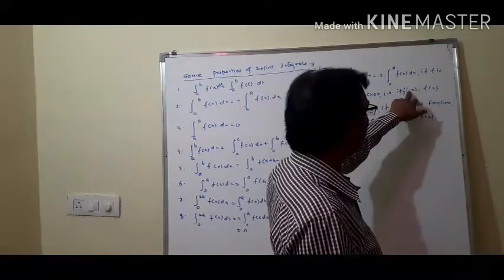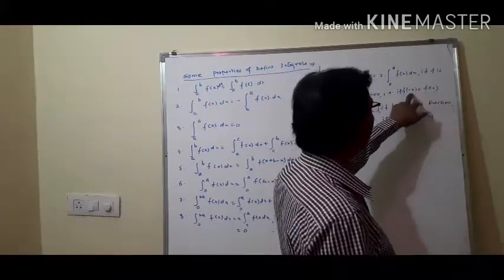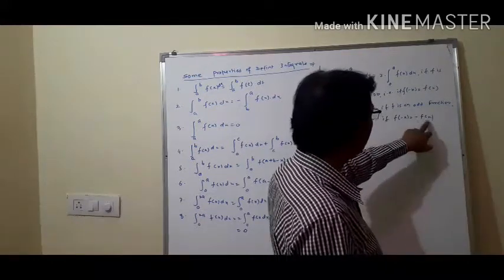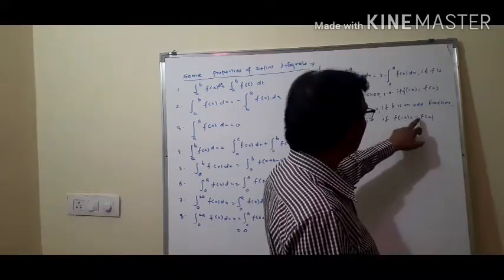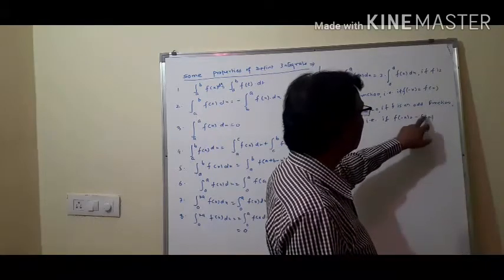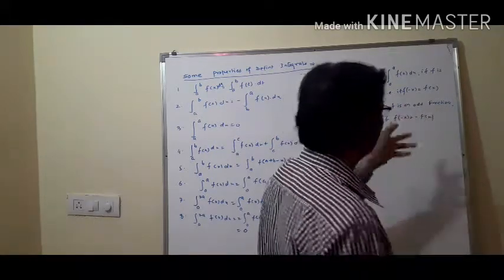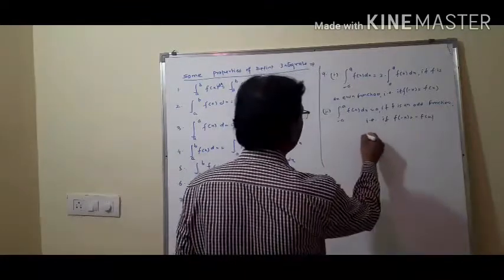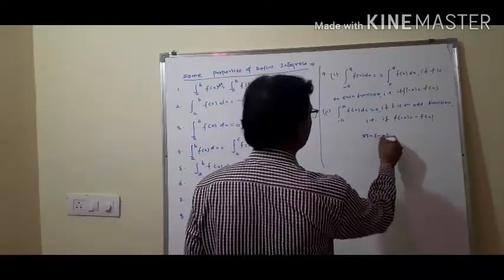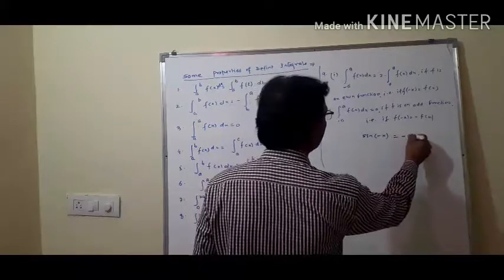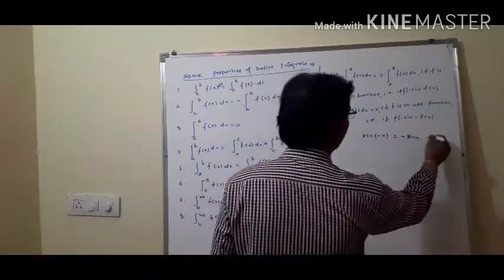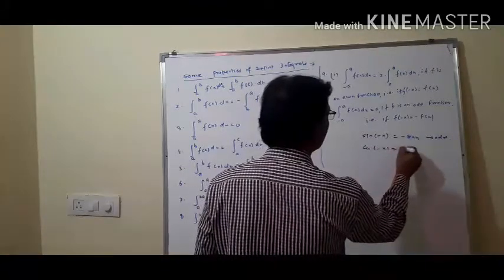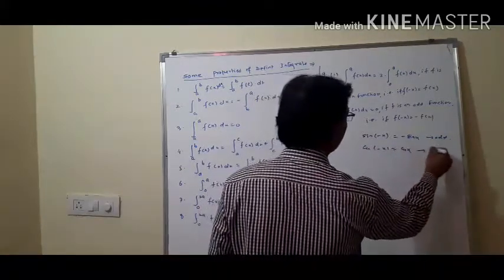If it equals f of x, then this is an even function, and if f of minus x equals minus f of x, then this is an odd function. For example, sine of minus x means minus sine of x, so this is an odd function, and cos of minus x equals cos of x, so this is an even function.